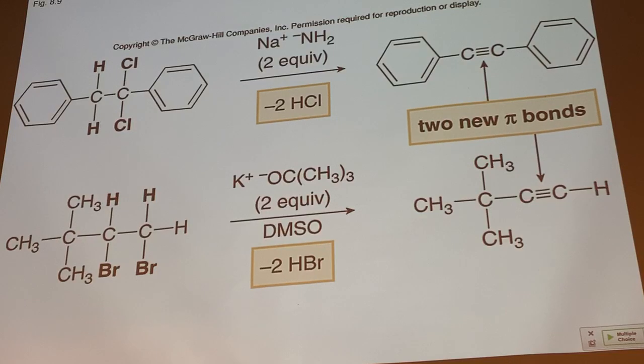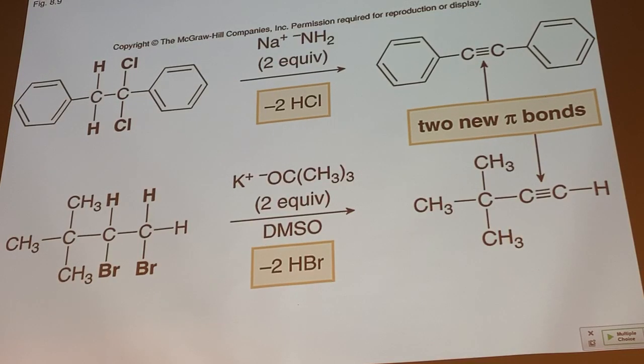And so to have the maximum basicity of tert-butoxide, to be able to perform a double dehydrohalogenation, we have to use DMSO. So if you were asked to provide reagents for a double dehydrohalogenation on an exam and you chose to use tert-butoxide, you'd have to show two equivalents, and you'd have to do that anyway if you were using NaNH2, but you would also have to show DMSO as your solvent, because otherwise you'd get stuck at that intermediate vinyl halide.